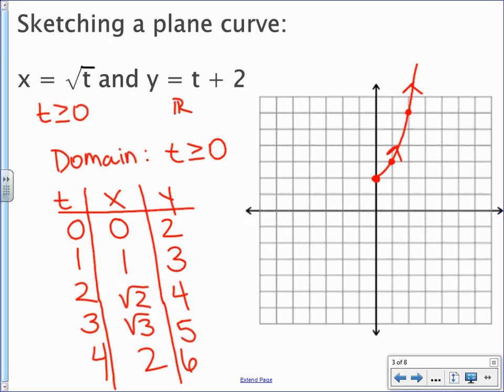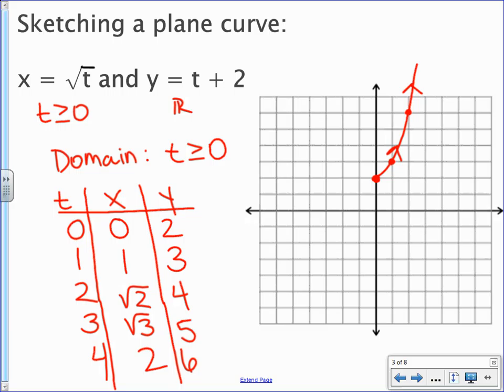We can't divide by 0. So if we have some sort of fraction, okay, we don't want that denominator to be 0. So those are some things we have to think about if we're going to have any sort of restrictions on t. Okay, now we can plug values in for t and plot some points and get a shape.